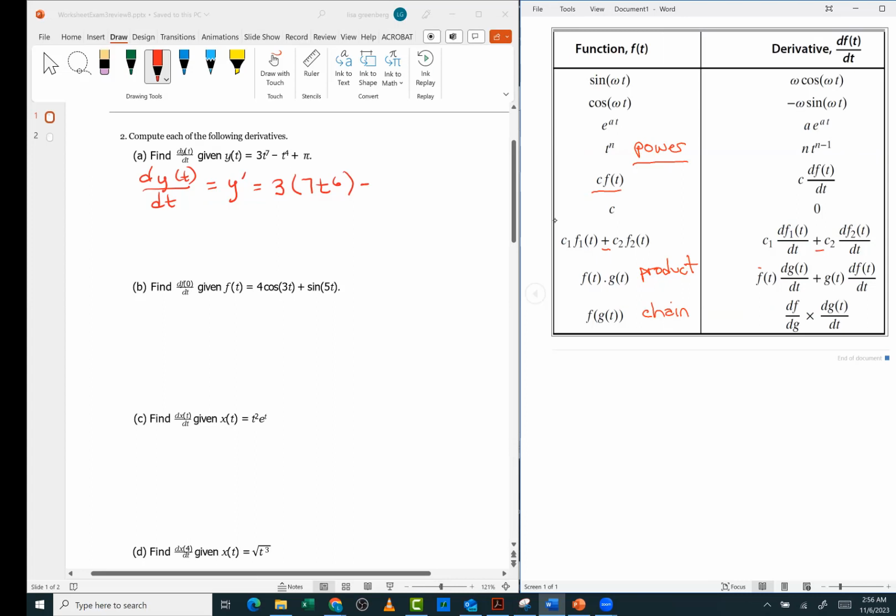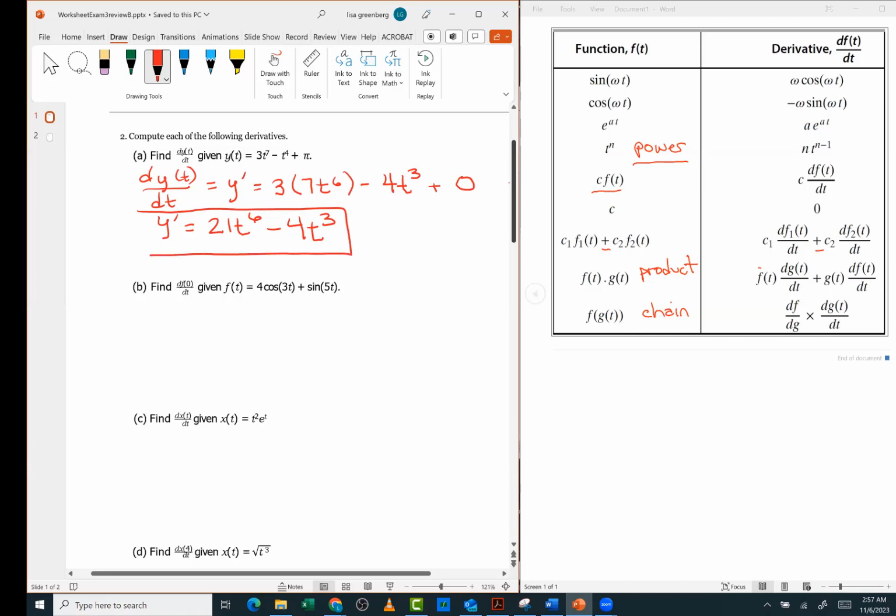I can add or subtract. Then I have t to the 4th using the power rule. That's 4t to the 3rd power. Pi is a constant. The derivative of a constant is 0. I get y prime is equal to 21t to the 6th power minus 4t to the 3rd. And that is my final answer.